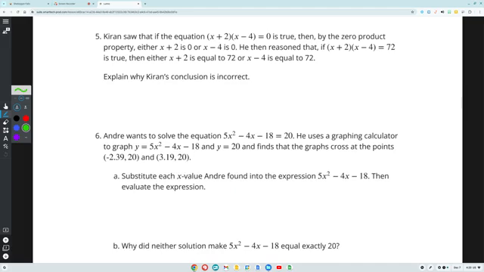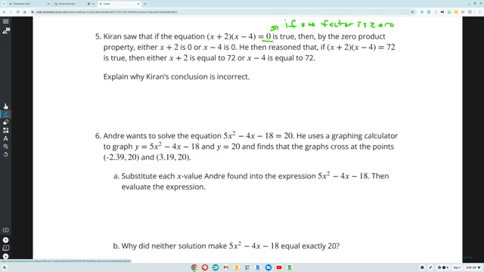Well, the reason why 0 is so special is the only way to multiply together to get to 0 is if one factor is 0. Well, that's not true about 72 because there's a crazy amount of ways to multiply to 72.